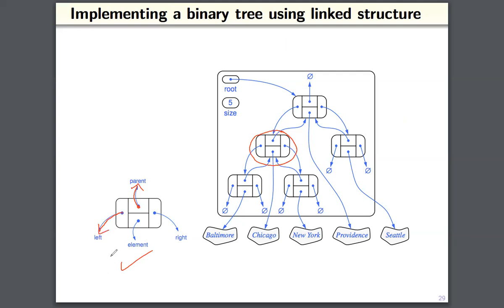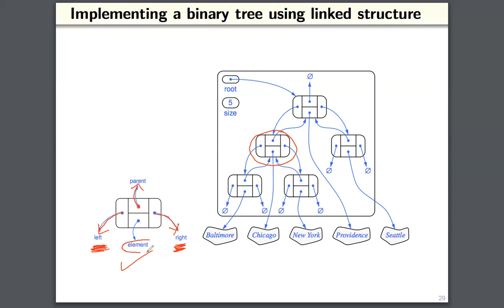The left child of this node, the right child of this node. Because this is a binary tree, we only have 2 pointers. But if this is a generic tree, it can hold a lot more pointers. Here we have 2 because it is a binary tree, so there are at most 2 children, hence at most 2 pointers for child nodes.